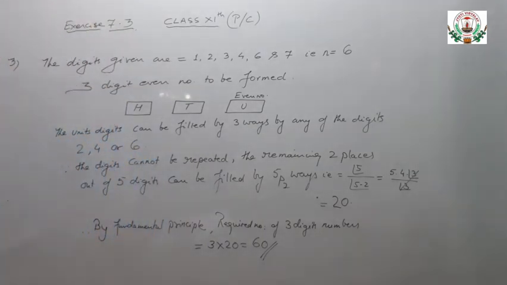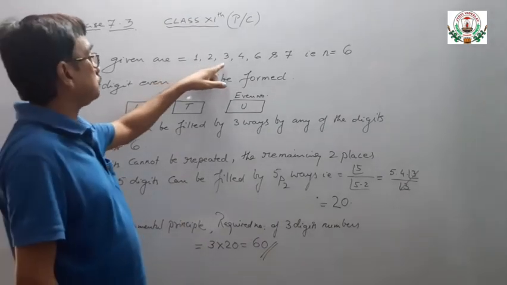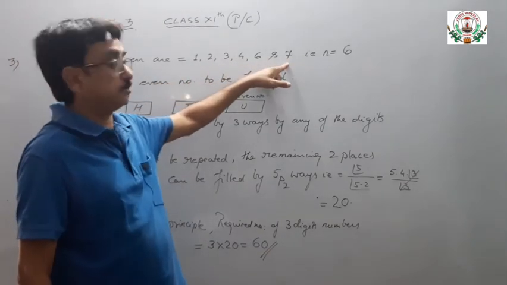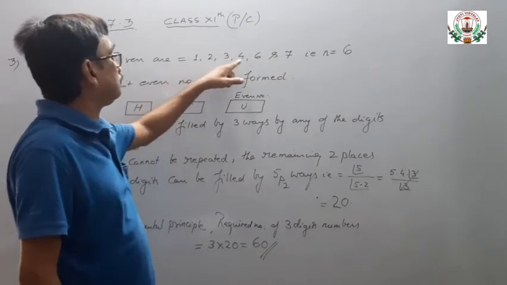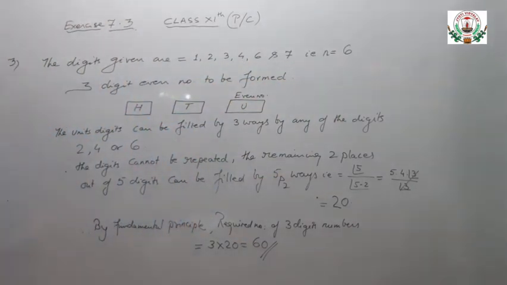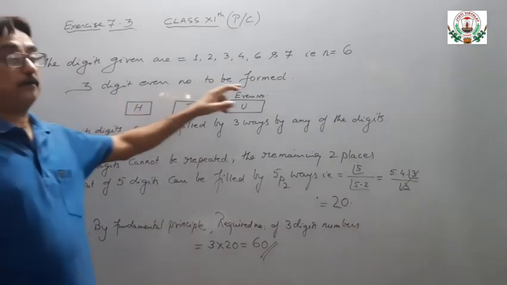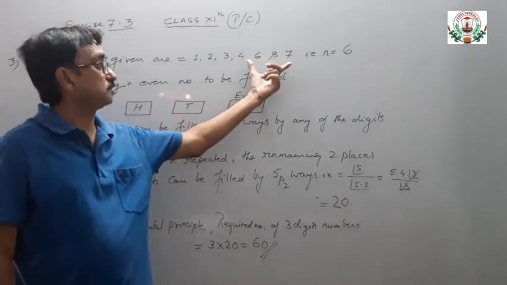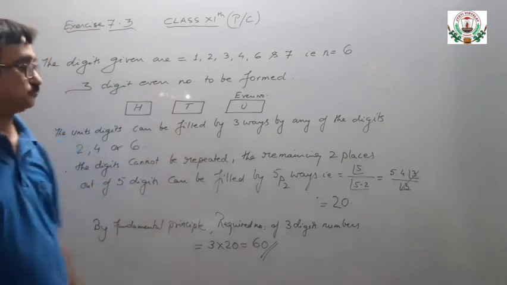So the digits given are 1, 2, 3, 4, 6 and 7. So total digits 1, 2, 3, 4, 5 and 6. So the number of objects, or number of digits, you can say here the value of n is equal to 6. Now we have to form a 3-digit even number by taking the digits from these numbers.